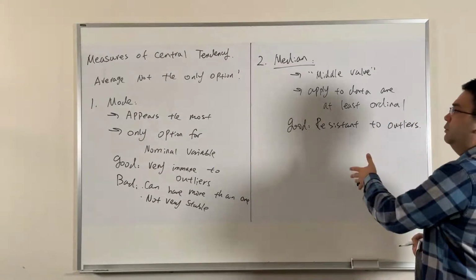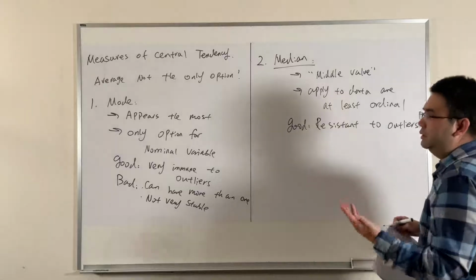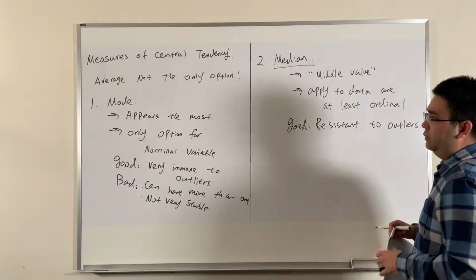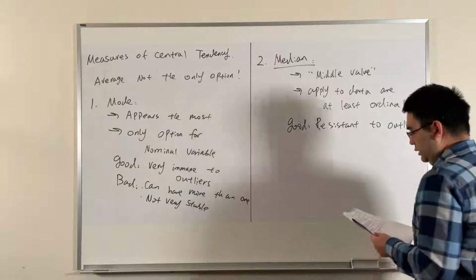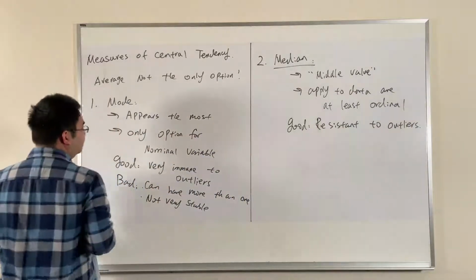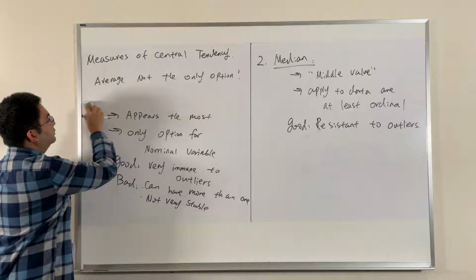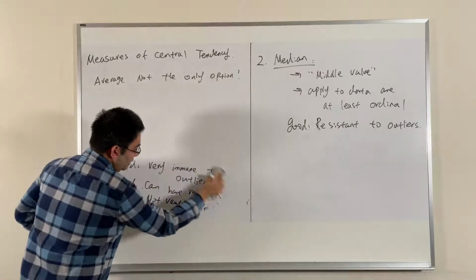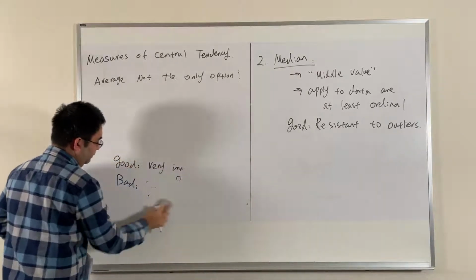Next, I'm going to talk about mean. Mean is the average that we usually think about. So with mode and median, now we're going to talk about mean, our third option here.